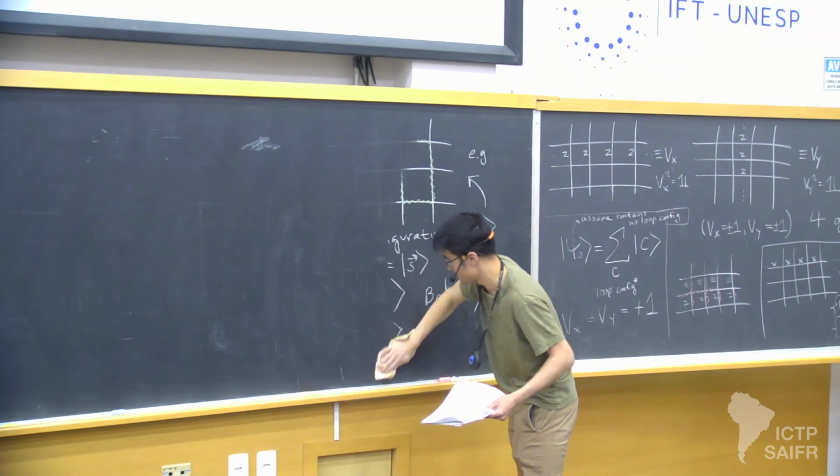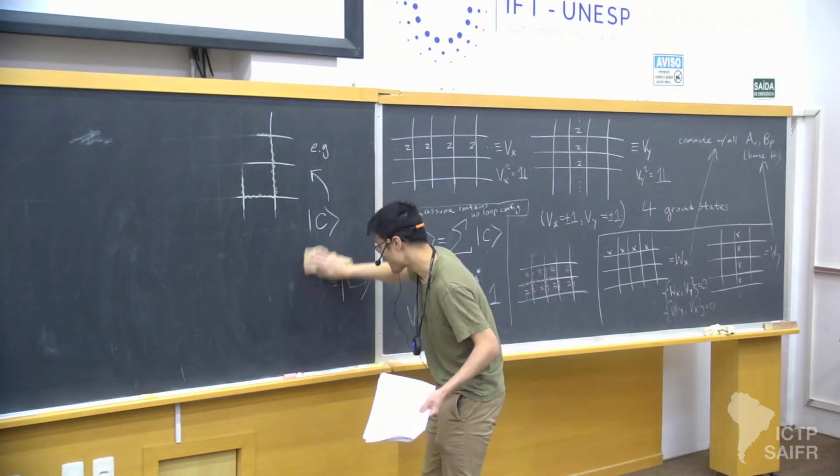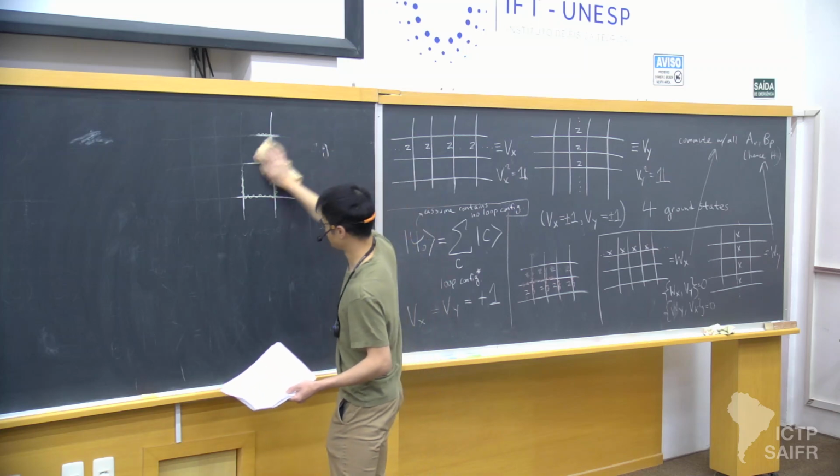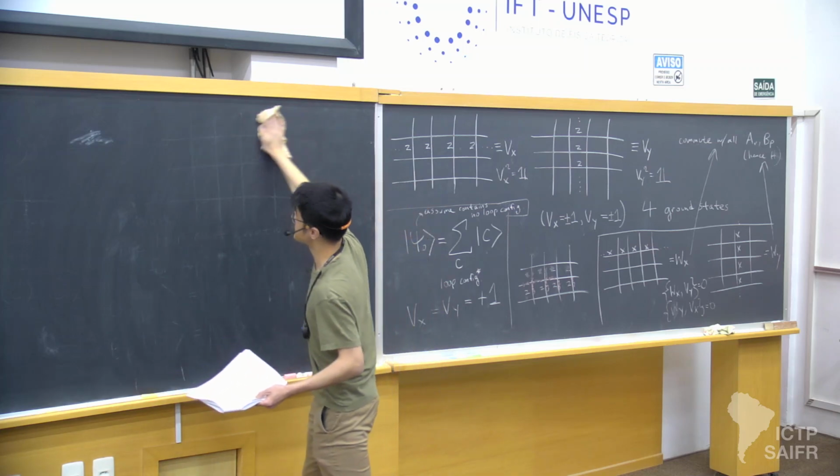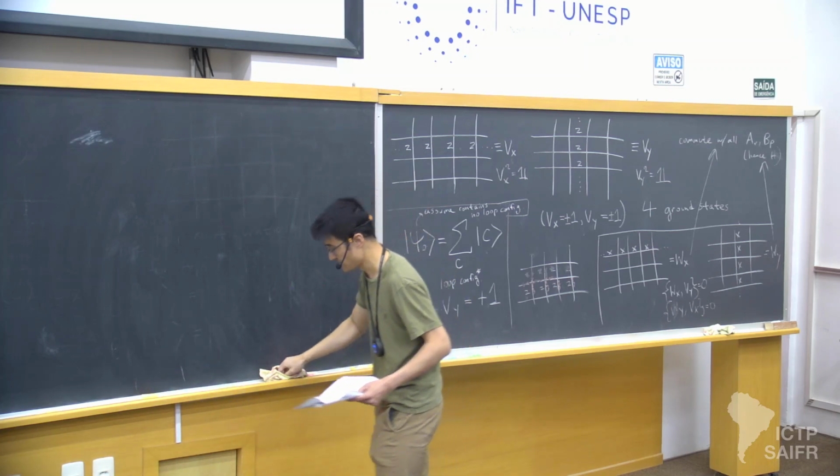We've hopefully understood something about the ground states of this model. Now let's look at the low-lying excitations.